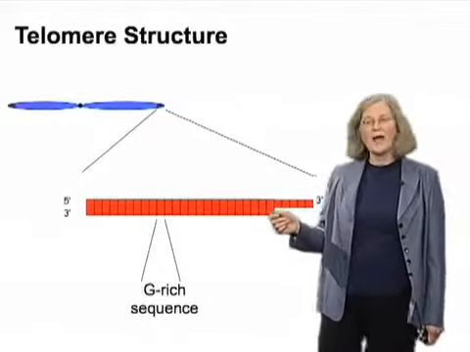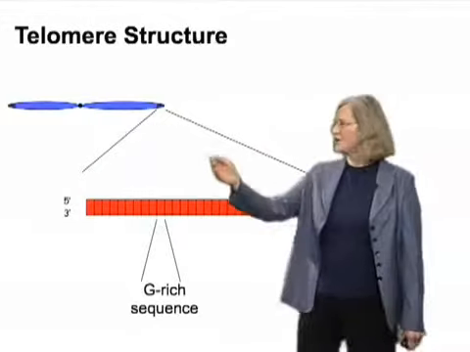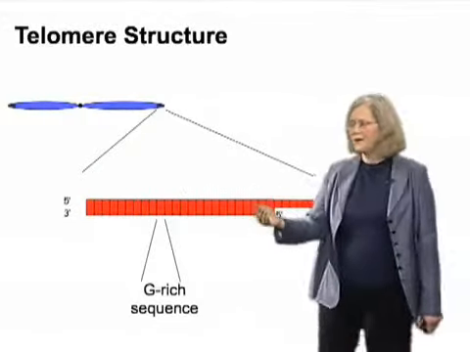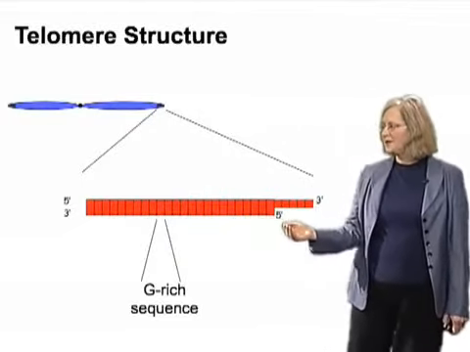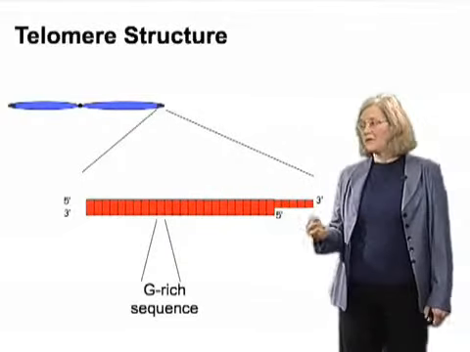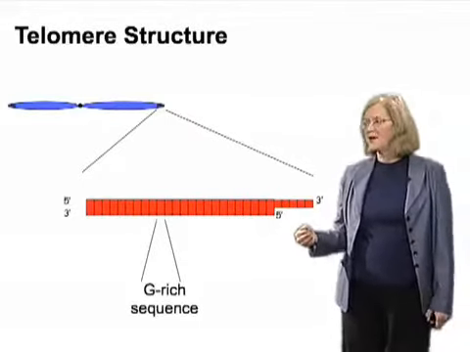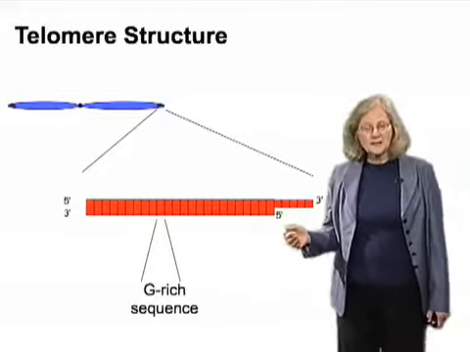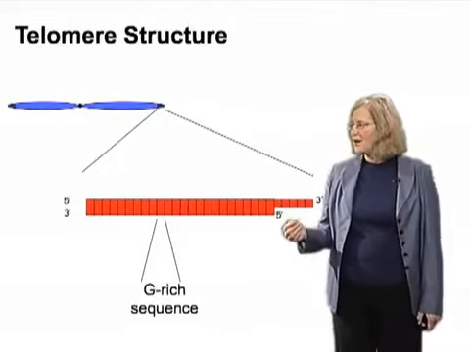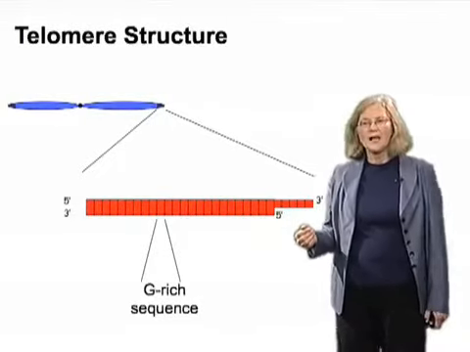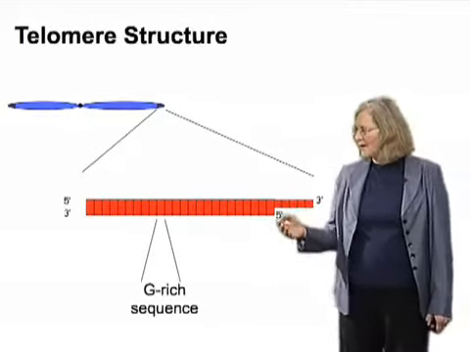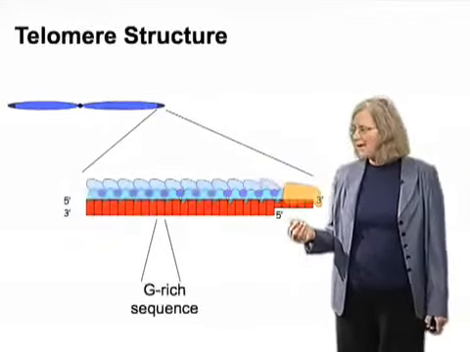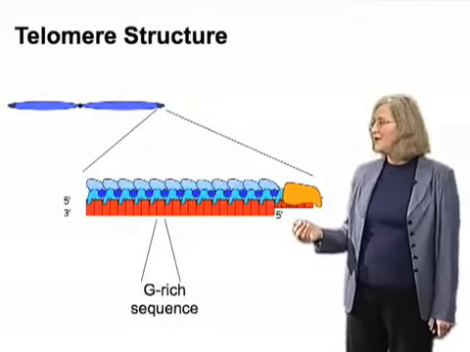So, for telomere structure to begin with, if we blew up the end of a chromosome, we have these highly repeated sequences made up of a G-rich sequence that's the repeat unit repeated over and over again. As I said, it doesn't encode any protein sequences, but each of these repeated sequences is like a little attractive magnet for specific proteins that bind sequence specifically to the telomeric DNA.